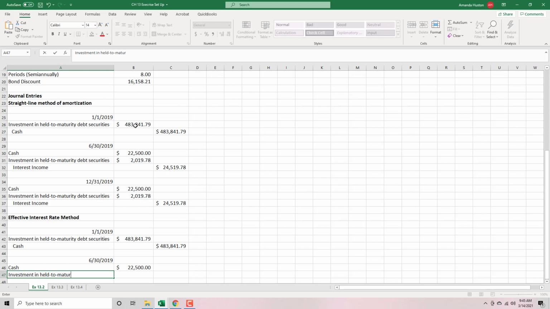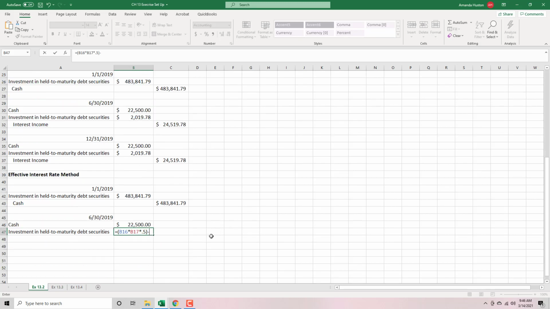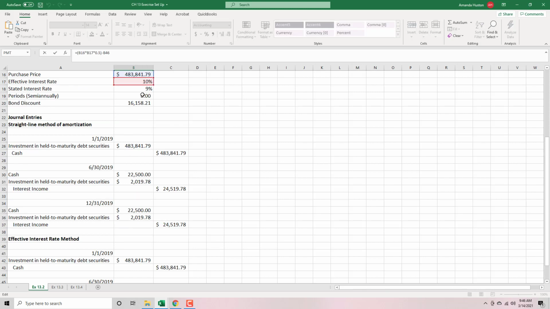The effective interest rate method takes the purchase price, and we're going to do this all in parentheses: purchase price times the effective interest rate times 6 divided by 12 or 0.5, and then we subtract what we already recognized for cash. So again, the formula is the purchase price times the effective interest rate times 0.5 because it's interest semi-annually, minus what we received in cash.